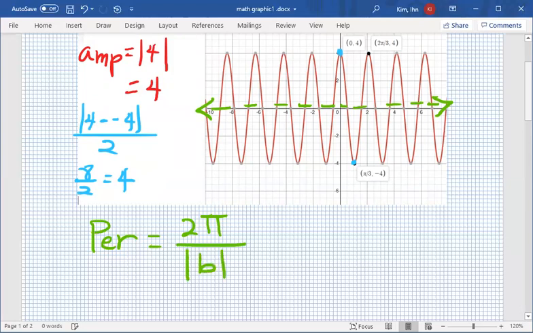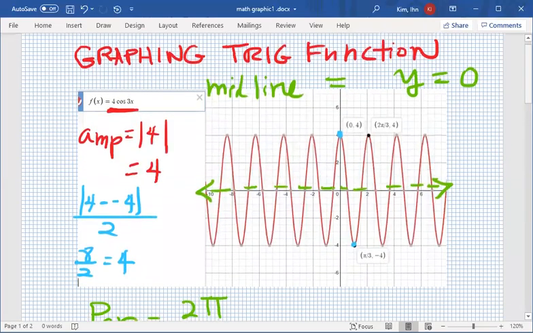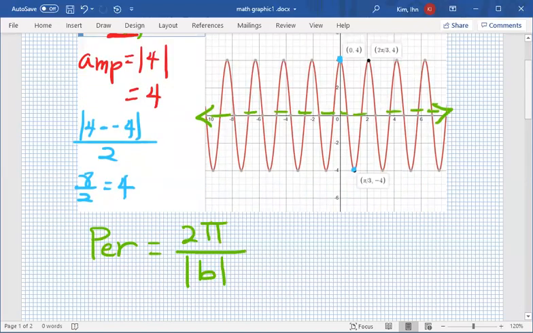The b number is whatever is inside the function cosine, right? So the b is actually in front of the x. Let me write the equation again: 4 cosine of 3x. So this is the b value.